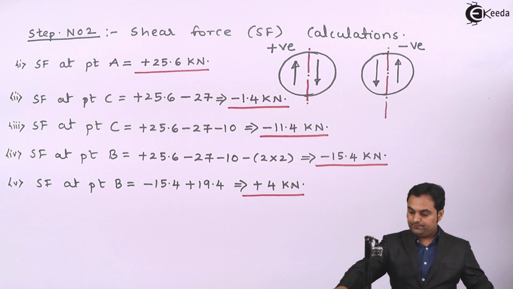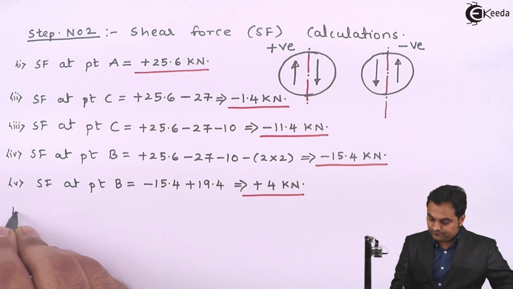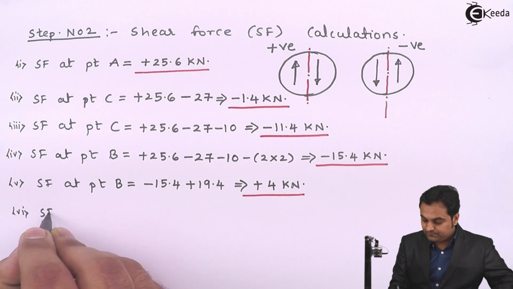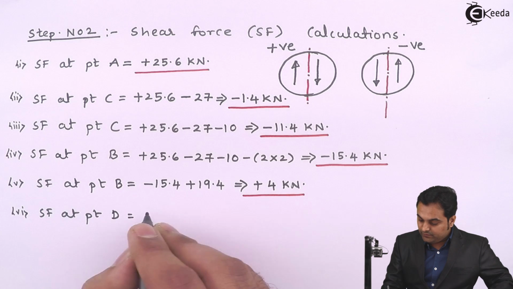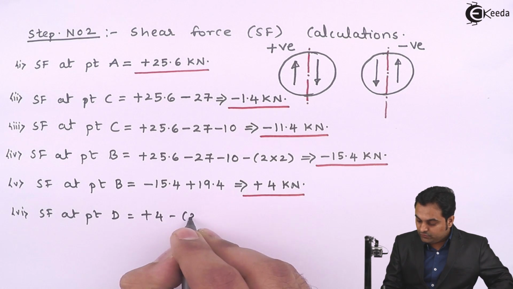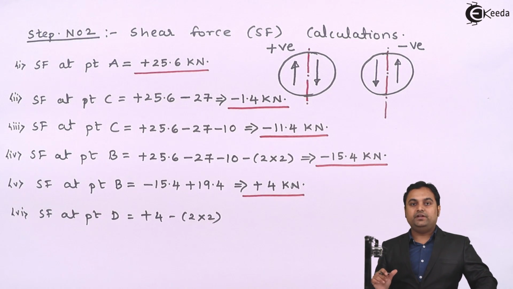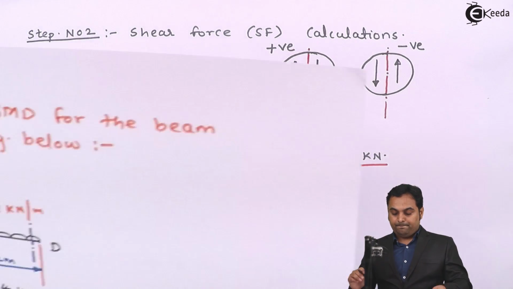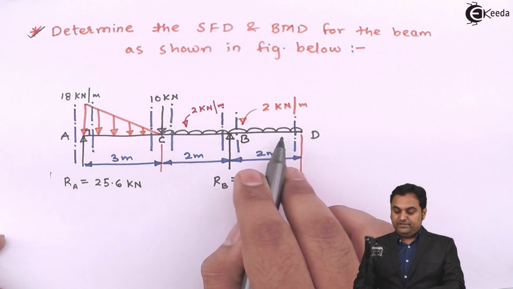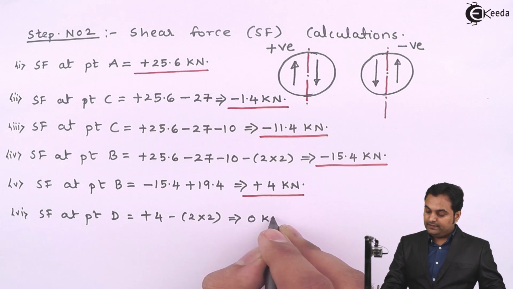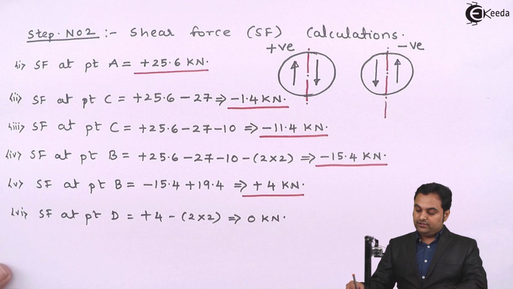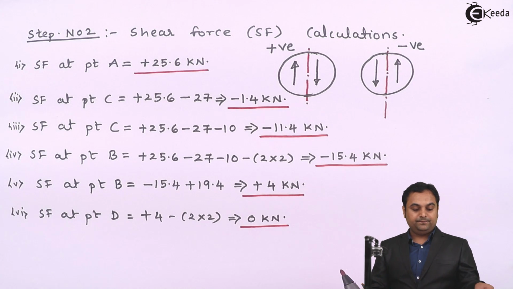So therefore SF at point D will be equal to plus 4 minus 2 into 2, which is the UDL in 2 meter length portion from B to D. So this will give me the value as 0 kilonewton, and it has to be 0 because there is no load acting at the free end.